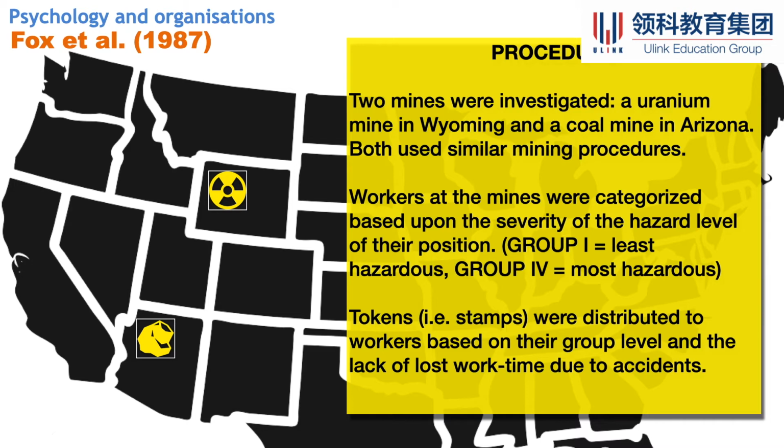So if they behave in a safe way, not just themselves, but ensuring the safety of others, they will be rewarded stamps. And the type of worker you were actually had something to do with how many stamps you got. So for example, if you were in an office position, you were put in group 1, which was a least hazard position. Whereas if you were actually in the mine themselves operating heavy machinery, you were in group number 4.